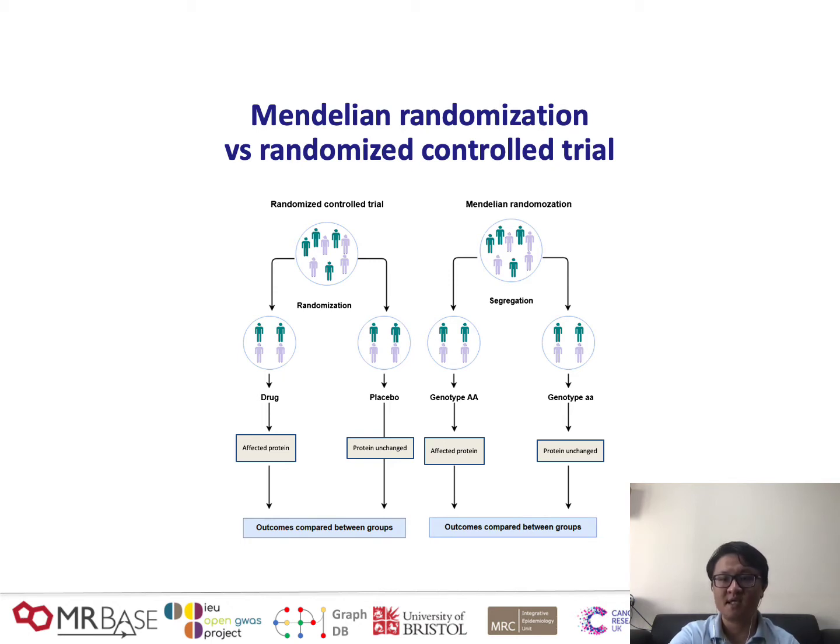Similarly, if we see fewer disease cases in the genotype AA subgroup, we conclude that the genotype by its protein target reduces disease risk. A major advantage of MR studies is that they are much cheaper and safer to run than randomized control trials.